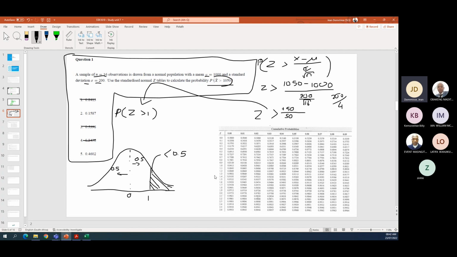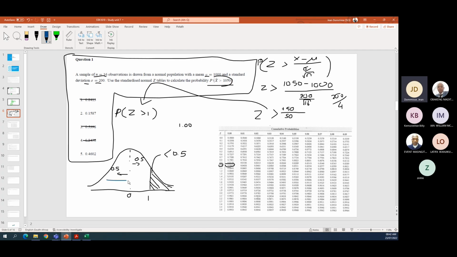So let's go to the Z table. So we're looking for Z equal to 1. So let's make it Z equal to 1.00, just so that we know where to look. Okay, so going down to 1 is 1.0. Just next to it, 0.8413.